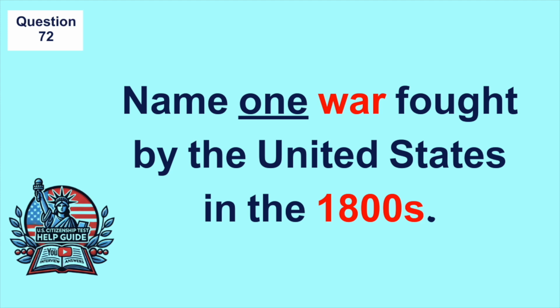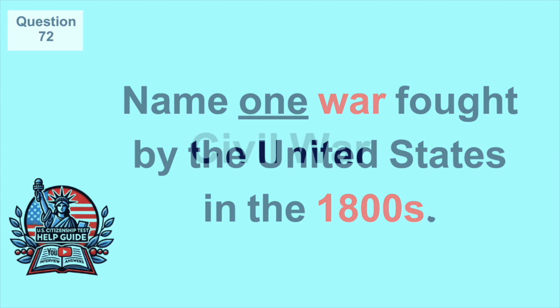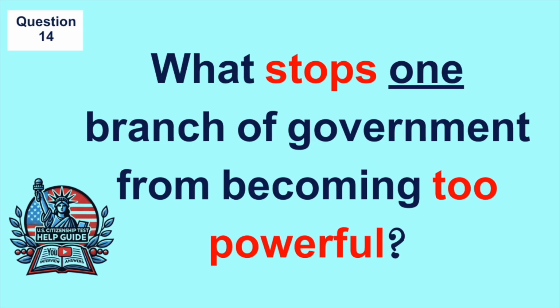Name one war fought by the United States in the 1800s. Civil War. What stops one branch of government from becoming too powerful?